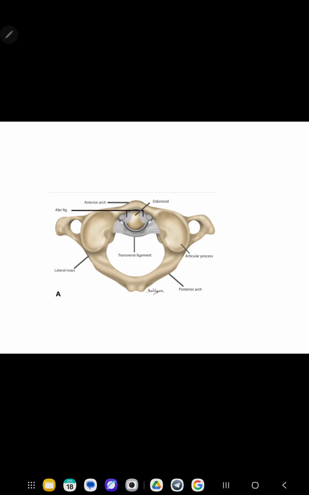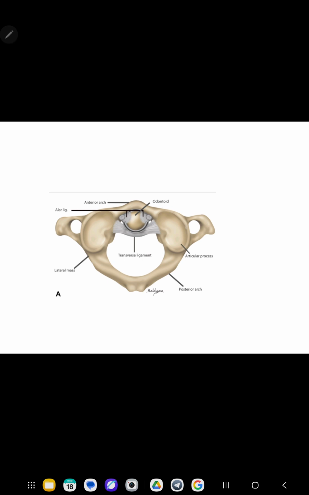And behind this dens or odontoid process is the transverse ligament, which is attached to both sides. So this transverse ligament is dividing this into anterior and posterior compartment.